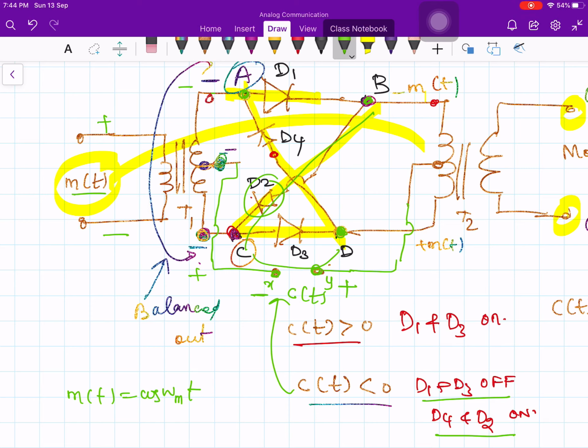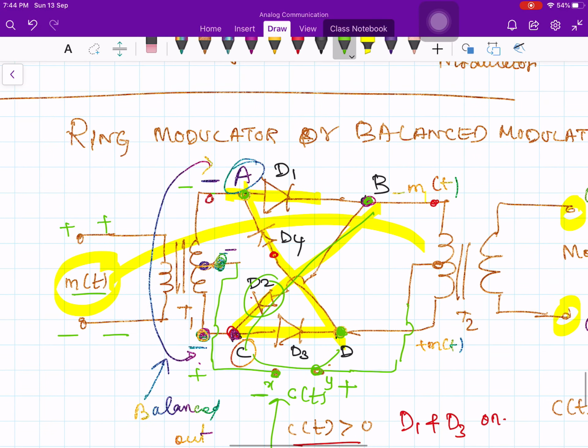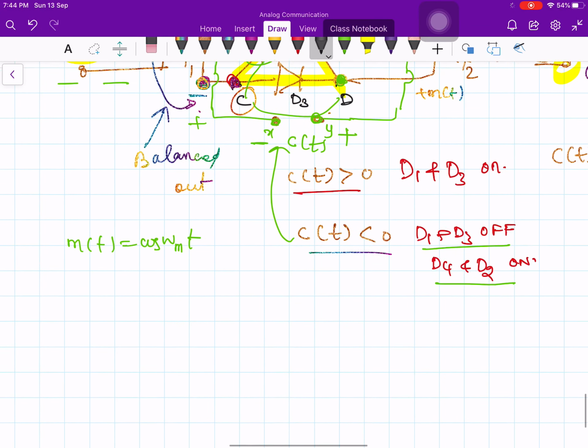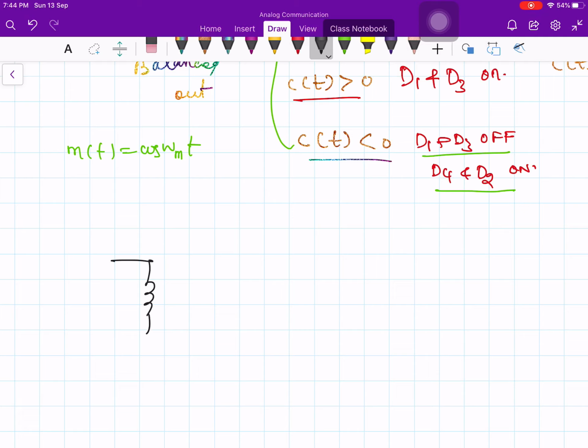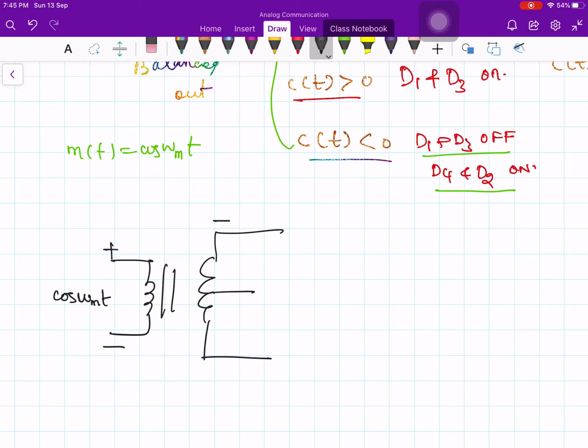If you apply positive and negative, then in the transformer side, let me use some other color. It is so much messy. Maybe I'll write it down one more time, like this, center tap. Now if this is positive and this is negative, let's say cos omega mt, then this will be negative and this will be positive. And this negative is connected like this because of the diode, and this positive is connected like this. So the positive appears here and negative appears here because in between it is open circuited.